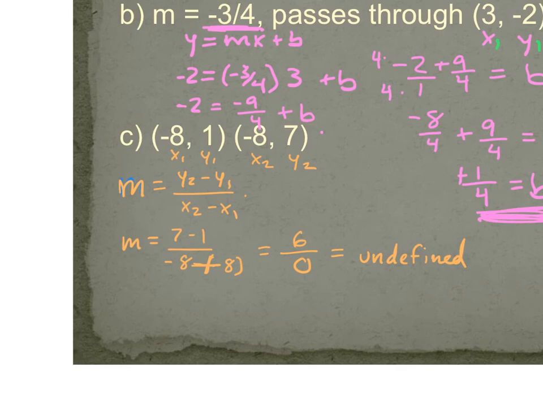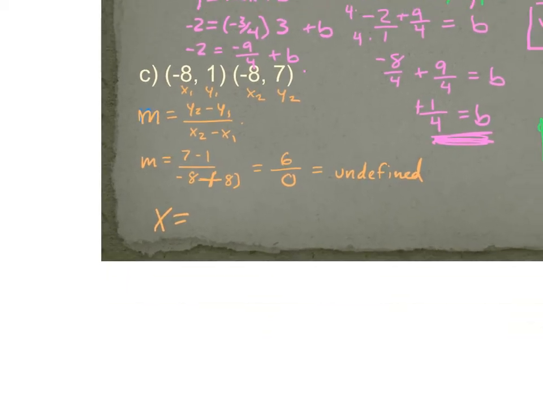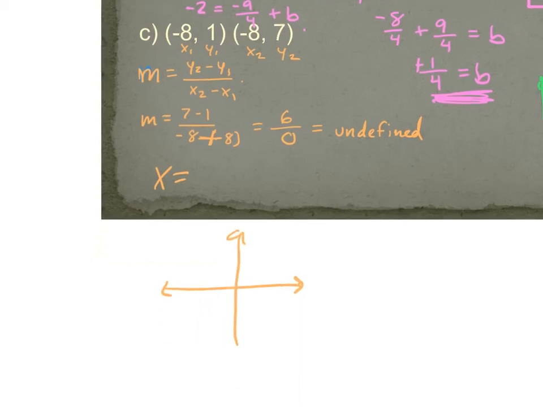So when our slope is undefined, our equation is going to be x equals. So if we were to graph these 2 points, we have negative 8, so we're going to go to the left 8 and up 1. And then we have negative 8, 7, so we go to the left 8 and up 7. So our line is going to look like this.